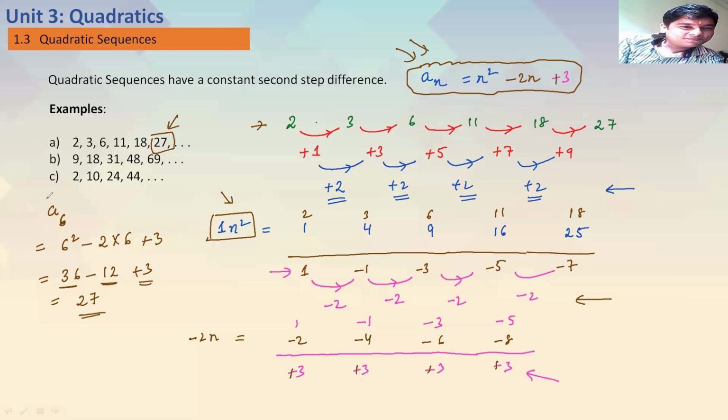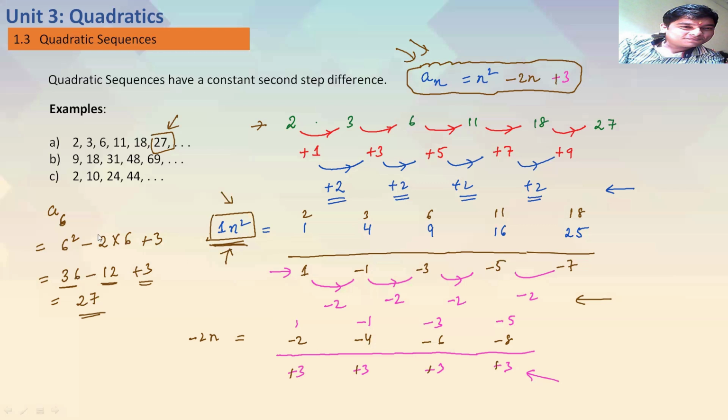Okay, fine. I'll help you. So, what did you get as the first term over here? 2n squared. Fine. Okay, I'll just erase it.